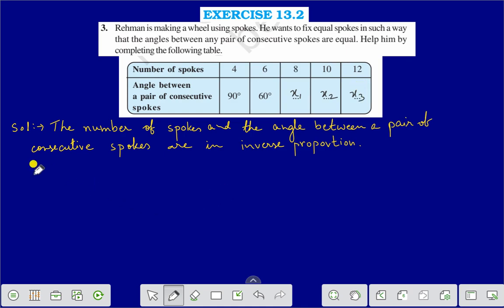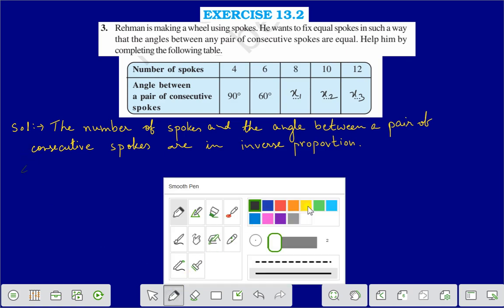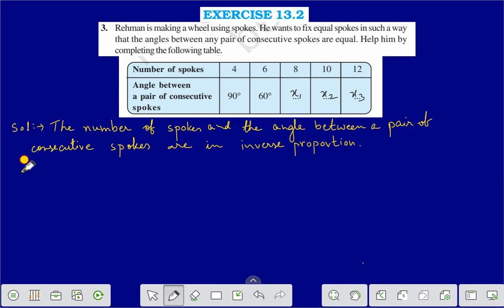Therefore, since they are in inverse proportion, you can write 4 into 90 degree is equal to 8 into x1. We can find the value of x1 as x1 is equal to 4 into 90 divided by 8.